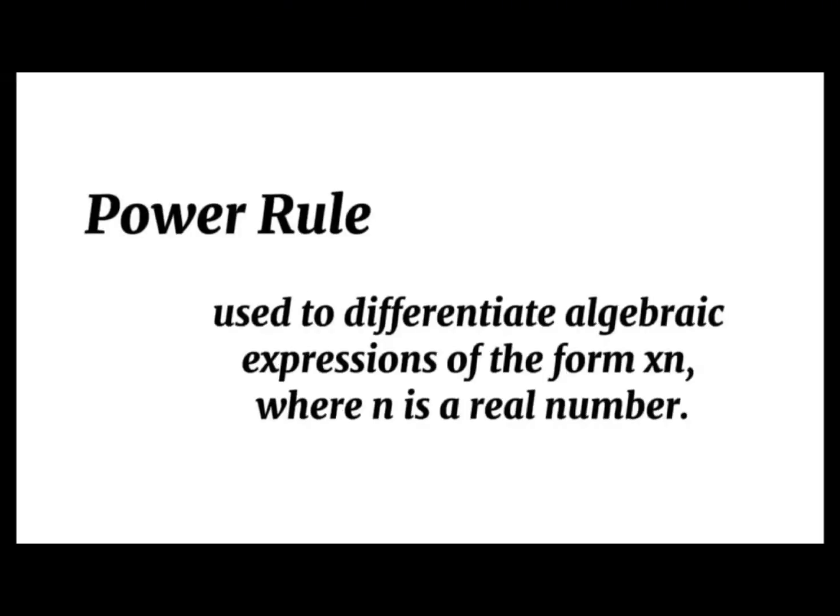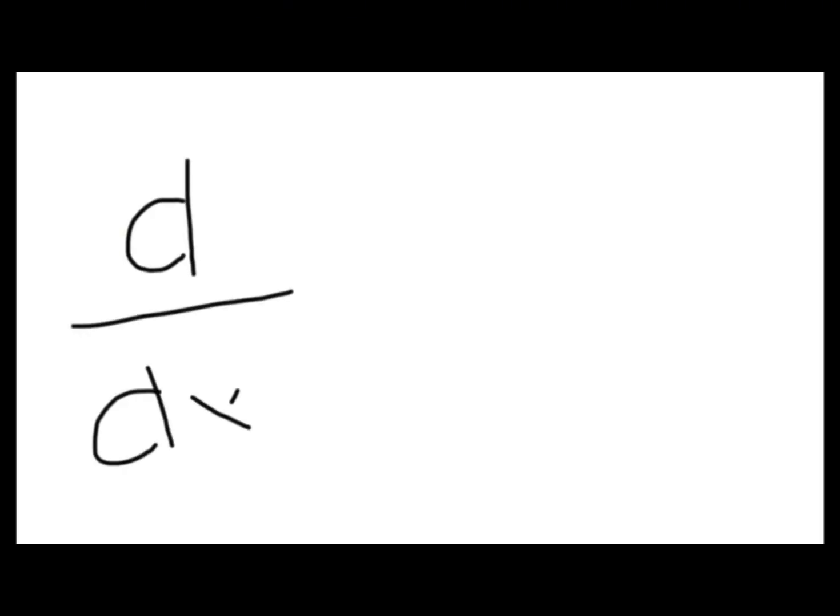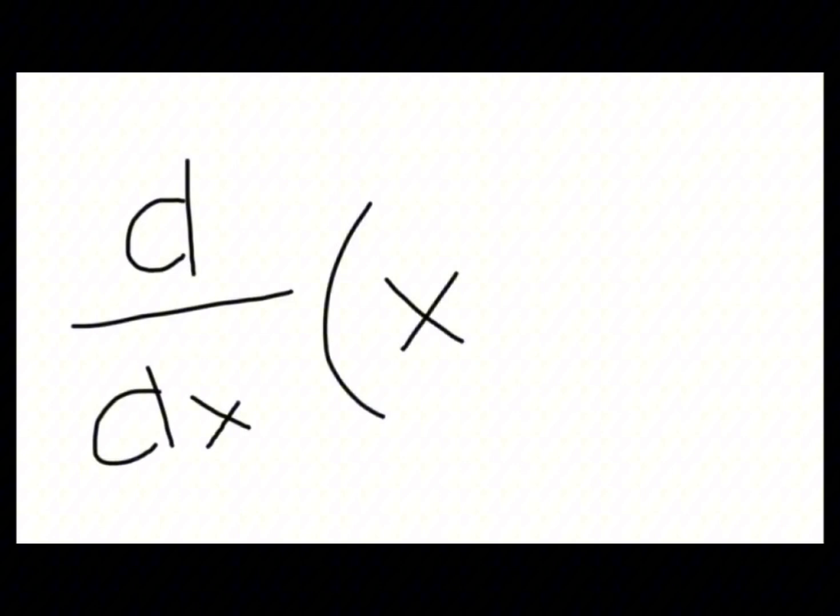So now, we will discuss naman on how to get the derivative of a function using the power rule. This is actually one of the most basic rules. Power rule is used to differentiate algebraic expressions of the form x^n, where n is a real number. In this rule, we have the formula of d over dx of x raised to n.